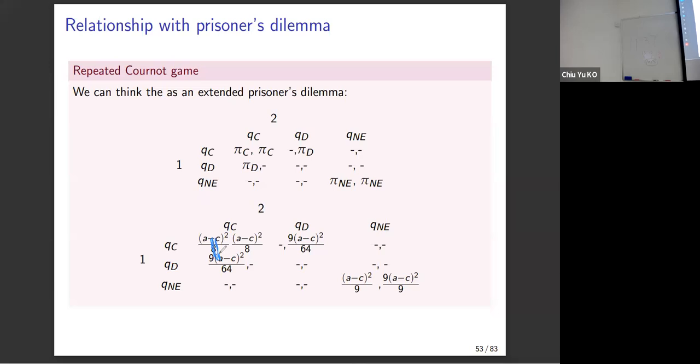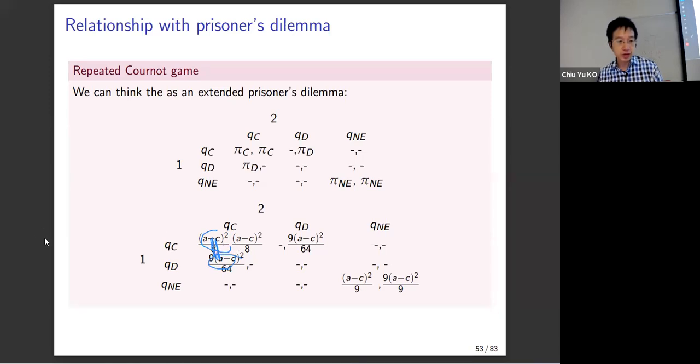The only thing to do is to make this gap smaller, so you make the deviation gain smaller.